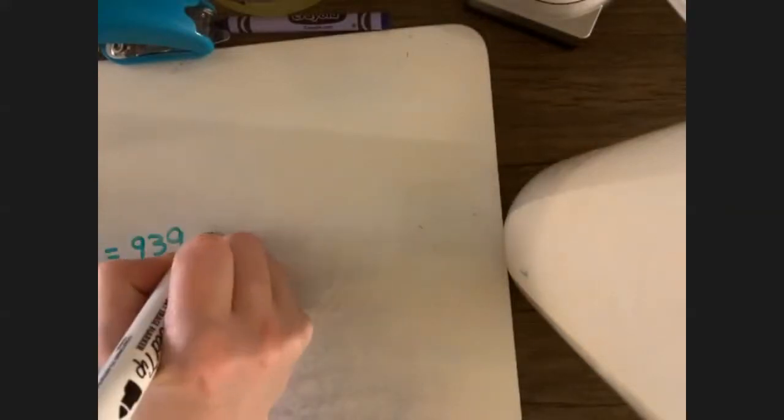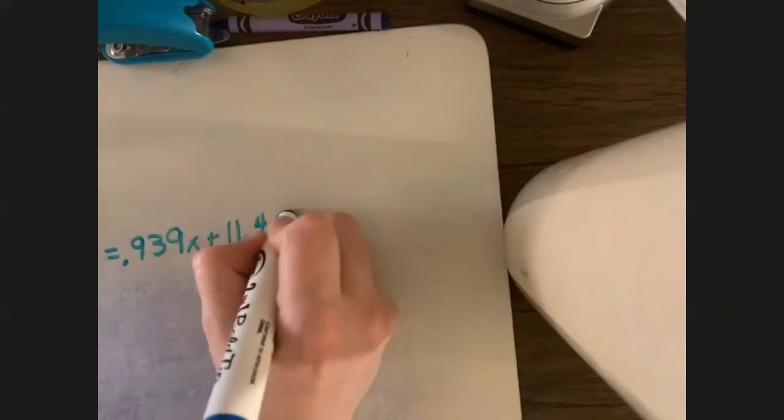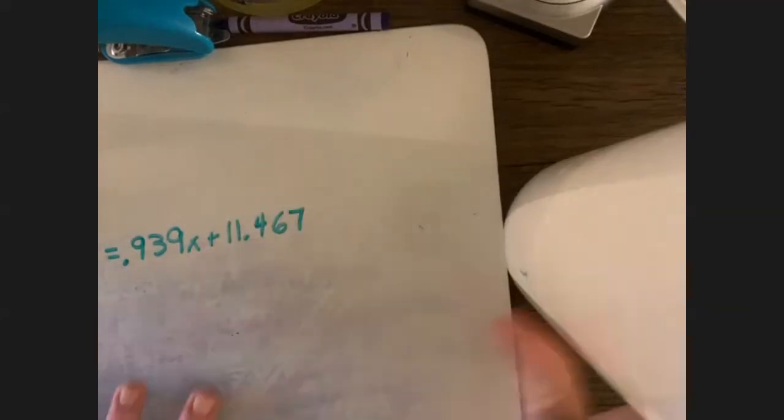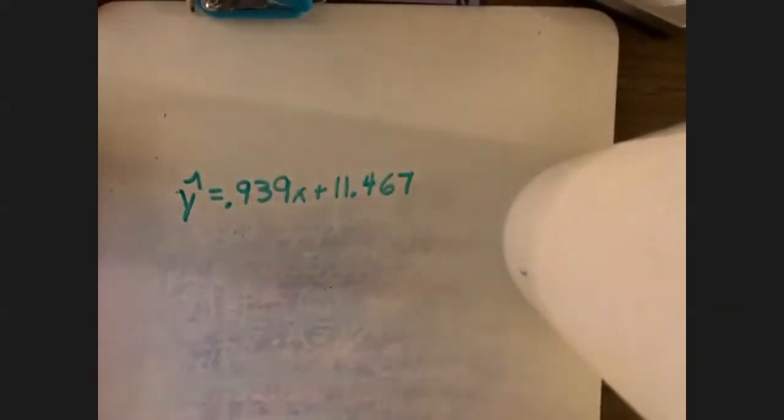Pull this back up. Y'all are getting to see my lovely desk here. Okay, so my equation, and I'm going to do 3 decimal places. Okay, so here is my equation.